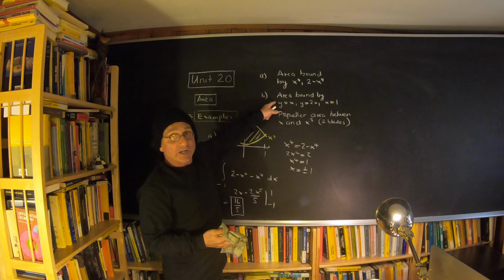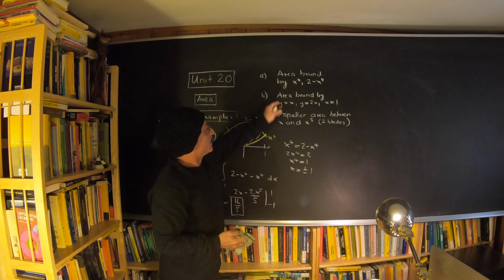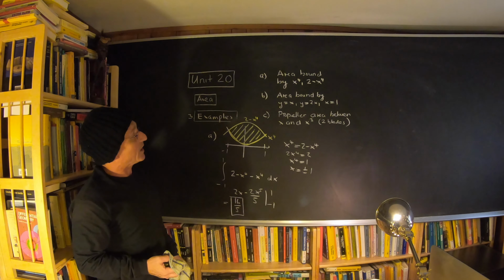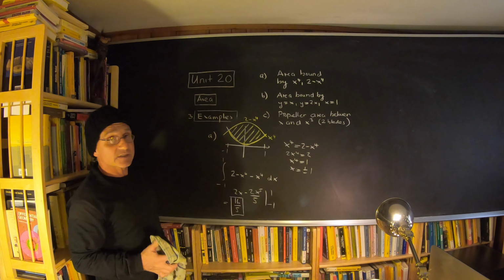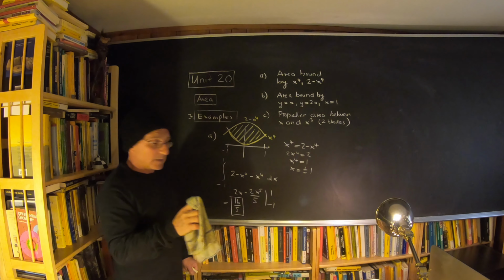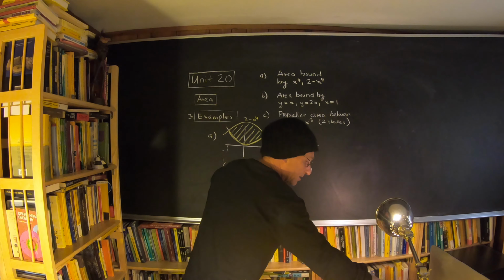Why don't you already try to think about this second problem here: the area bounded by y equals x, y equals 2x, and x equals 1, while I'm cleaning the board.